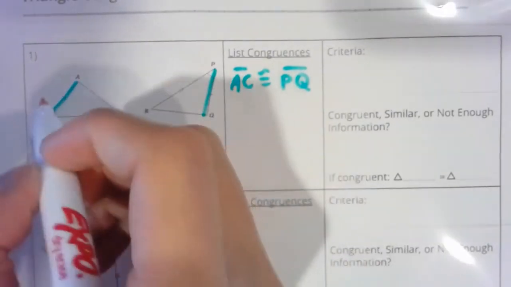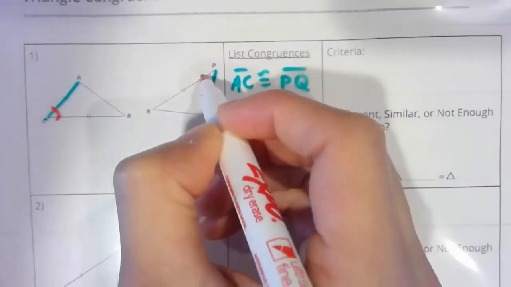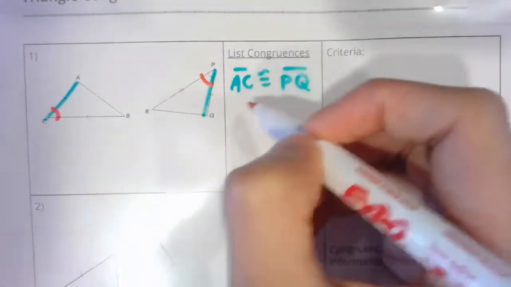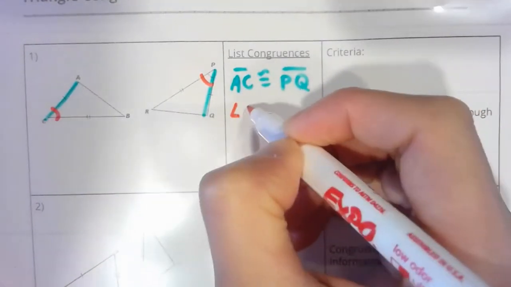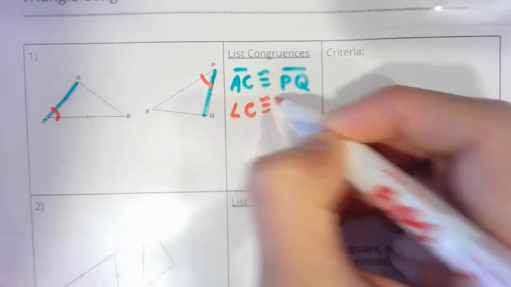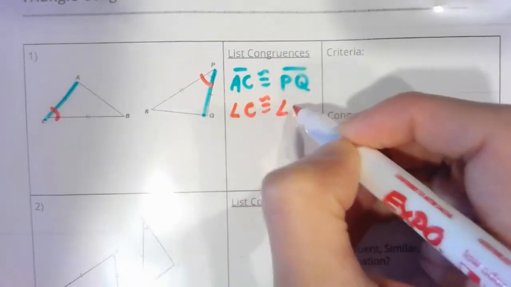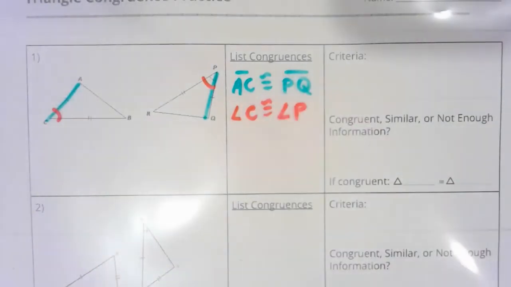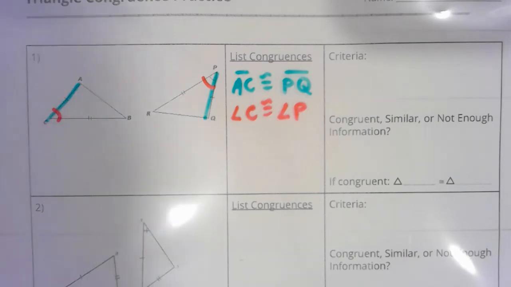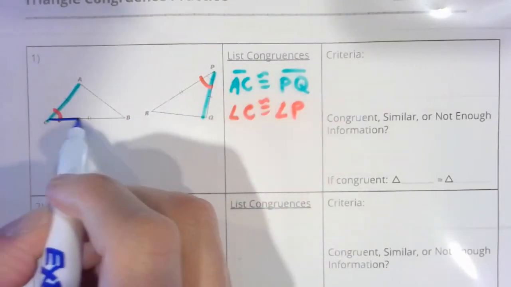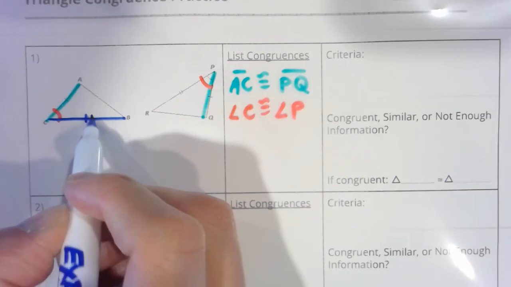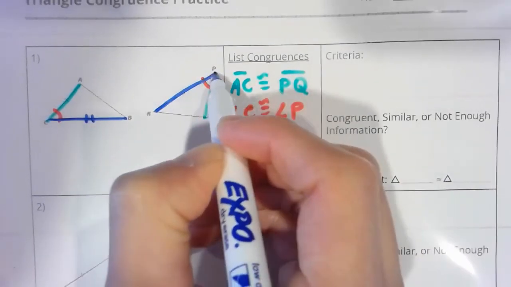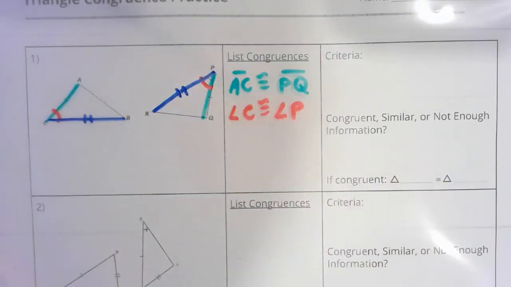Next, touching the side we have these two angles. So I can say angle C is congruent to angle P. And then the last thing is this side. So CB is congruent to PR.